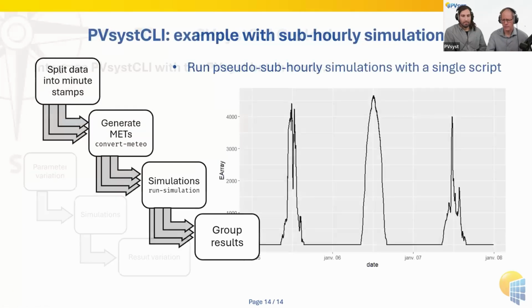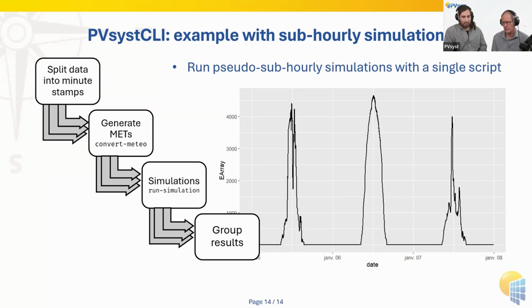It's basically in PVsystCLI, we have right now hourly simulation steps. The step to going to sub-hourly simulation steps will come in the next major PVsyst release, 8.1. But up to now, there is a possibility to do a sort of pseudo sub-hourly simulation by splitting your input weather data into slices of minutes, for example, which are then yearly files just for 1 minute in the hour, run 60 simulations on these slices, and then reassemble the results into a minute output file.